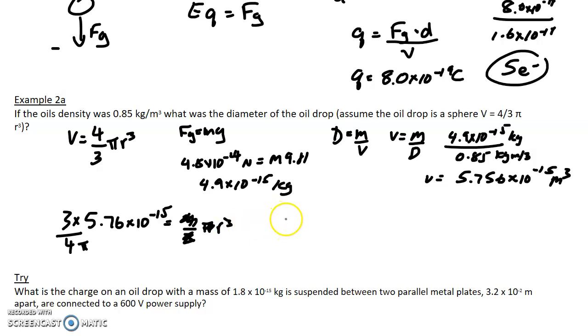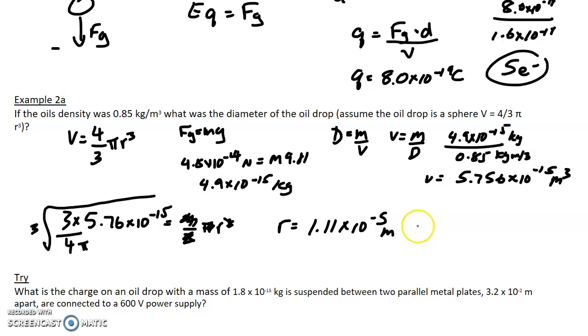That's going to get you what r cubed is, and then you're going to need to cube root everything. That gets r basically by itself, and you'll find that that radius is equal to 1.11 times 10 to the negative 5 meters, or a diameter, because we're asked about the diameter, would be 2.22 times 10 to the negative 5 meters.